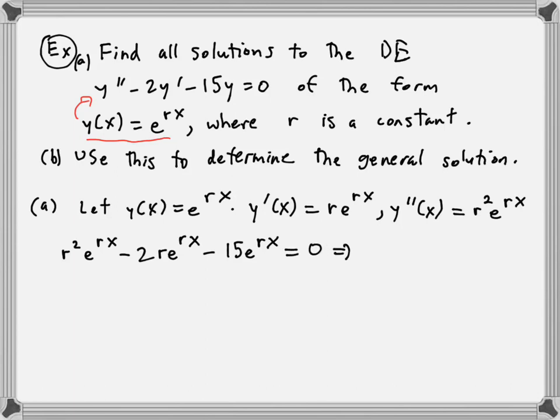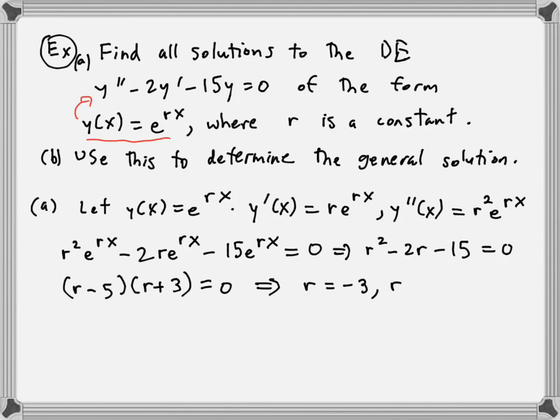What does this mean? Well, I can actually divide the whole thing by e to the rx because e to the rx is never 0, right? There's no way to raise e to the power of anything to get 0. So this means that we get r squared minus 2r minus 15 is equal to 0. And so it boils down to solving this quadratic. We know that that factors into r minus 5 times r plus 3 equal to 0. And so r is negative 3 and r is positive 5.